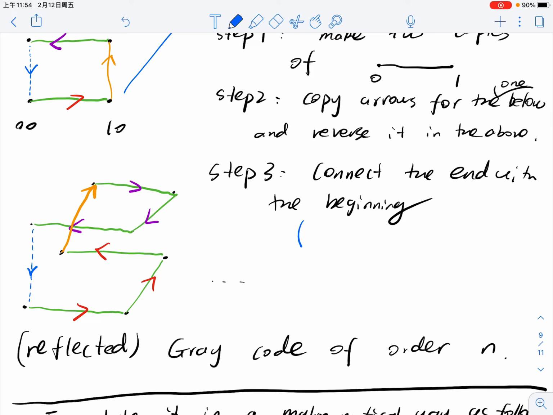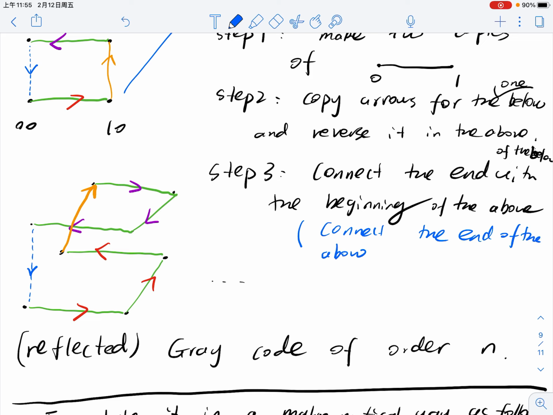Let me say it in a more precise way. Connect the end of the below to the beginning of the above. And now if you connect the end of the above to the beginning of the below, then you have a closed loop in total.